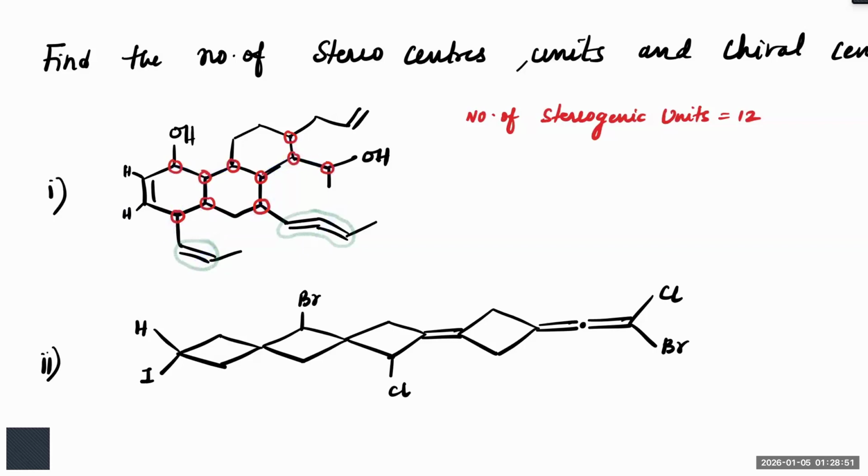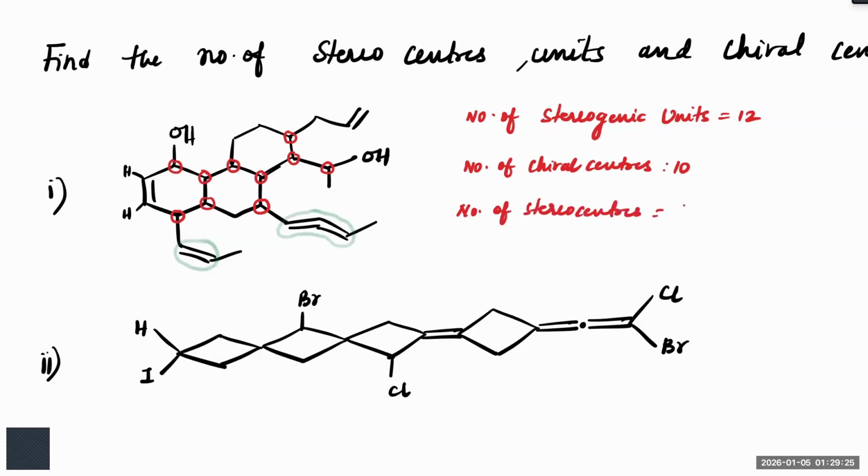Next, number of stereo centers. Sorry, first we'll put chiral centers. Number of chiral centers: we found 1, 2, 3, 4, 5, 6, 7, 8, 9, 10. So the number of chiral centers is 10. Now the number of stereo centers.